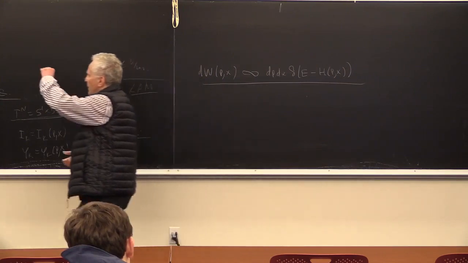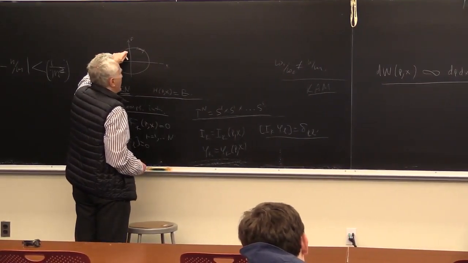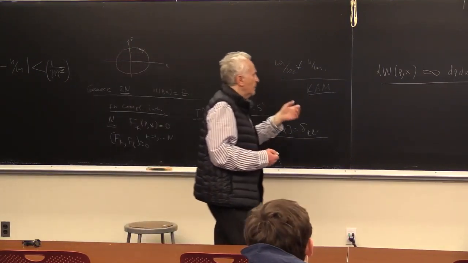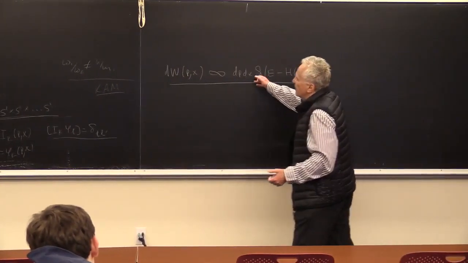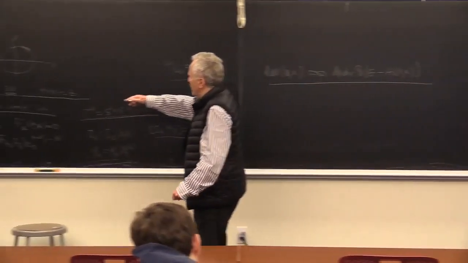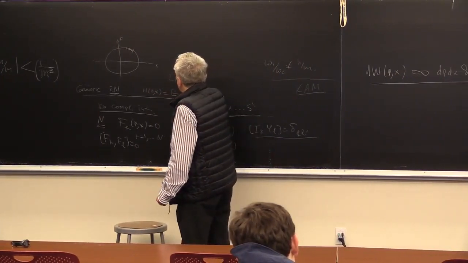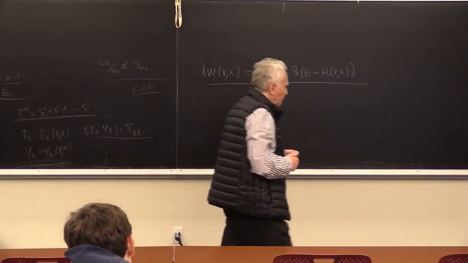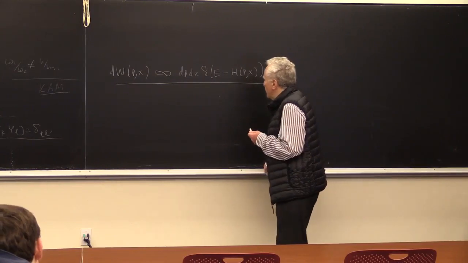So this delta function is what makes, if you apply this rule here, you will obtain a circle. This is the 2n minus 1 dimensional phase space, and you expect that this ergodicity is fulfilled.